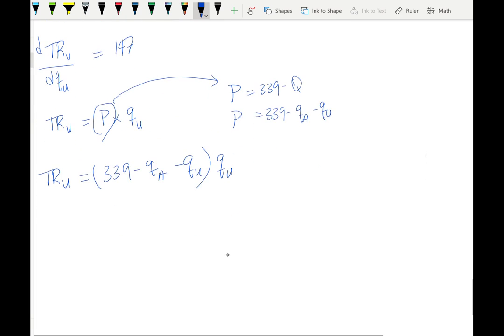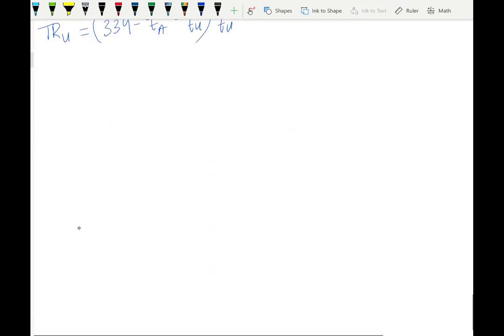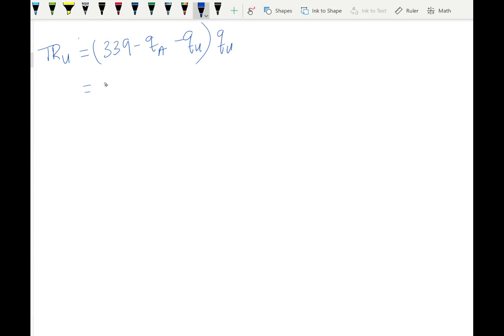This is equal to 339 QU minus QA QU minus QU squared. Total revenue for United Airlines.